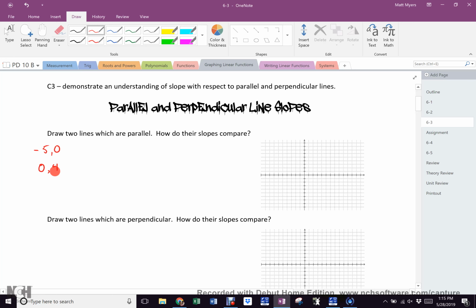All right? Then put a second dot at 2, 0, and 7, 4, please.